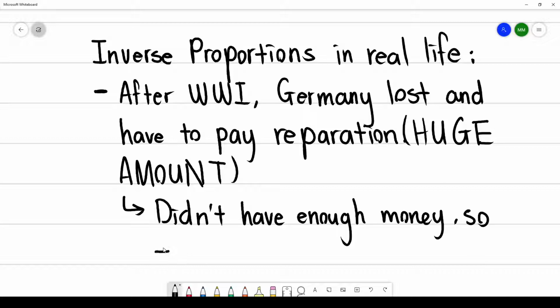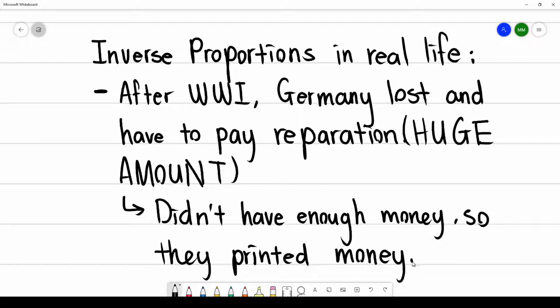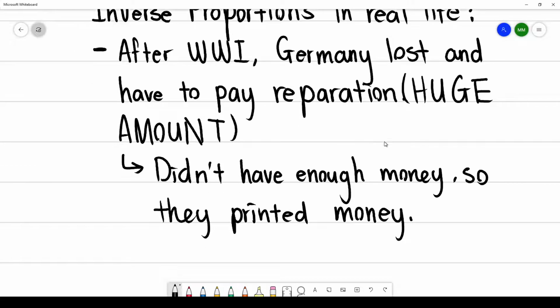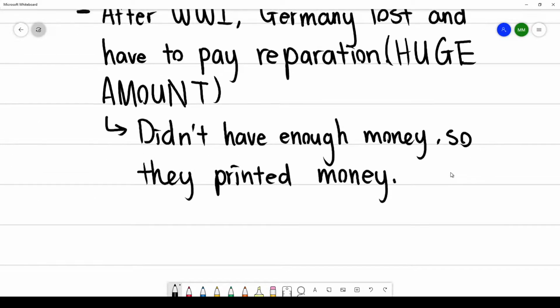So they printed money. Because after all, money is just paper, so you just print more paper and then you get more money. Well, no, that's not how it works.